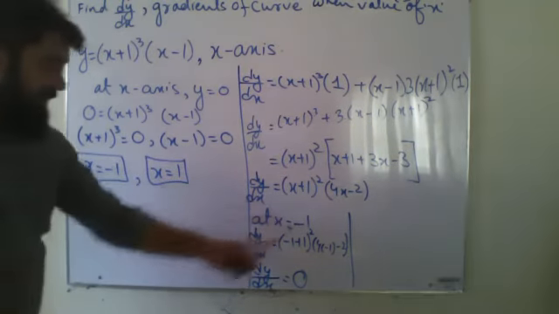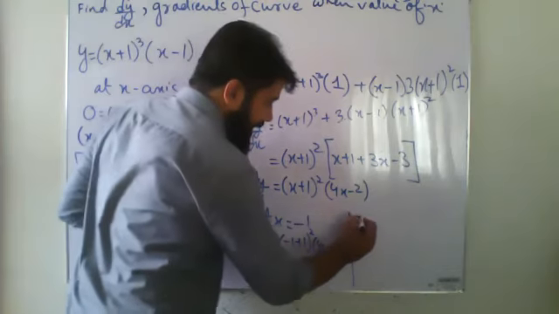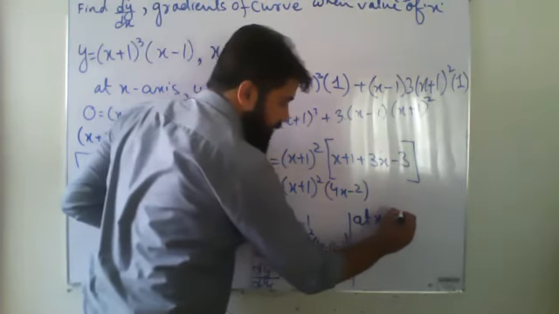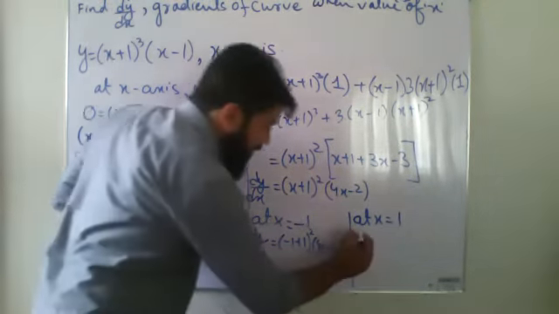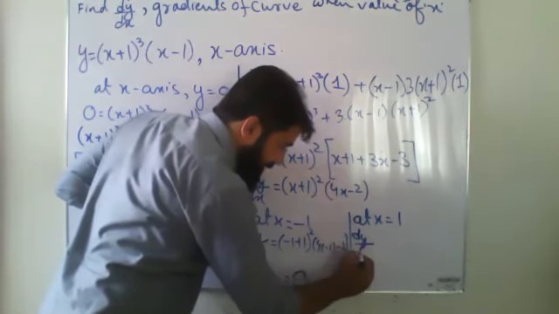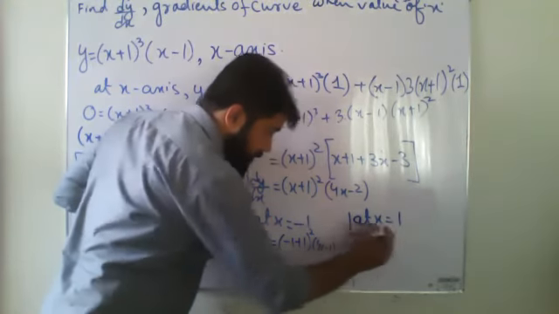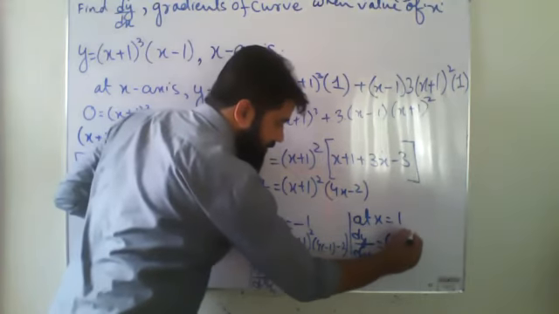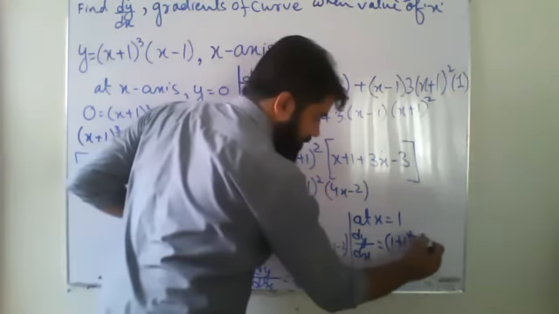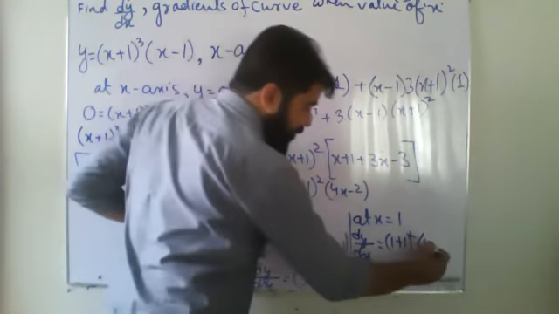Now coming to the next one, at x equals to +1. So what will I do? dy over dx equals to, I'm putting value, (1 plus 1) whole square, 4 ones are 4 minus 2.